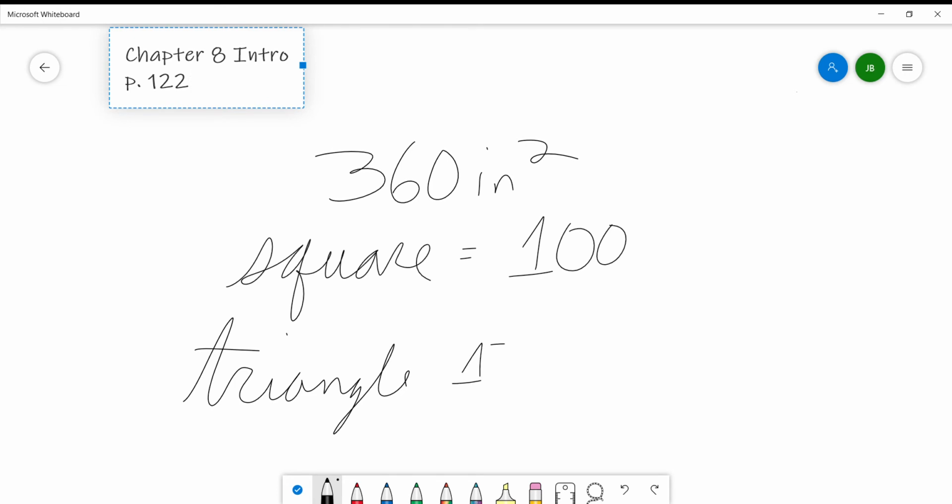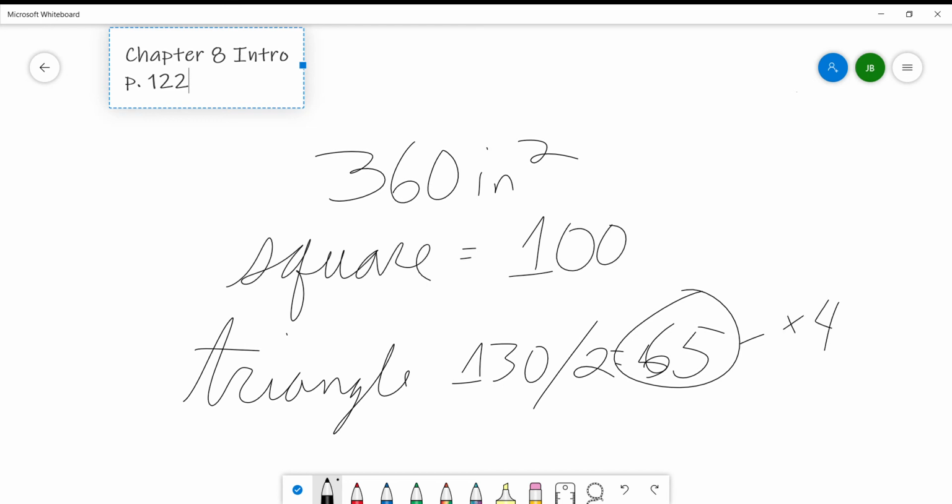So 130 divided by 2, because you take 1/2 the base times the height, not 12. So that would be 65. And we take that times 4 triangles. And that will get us to 360 square inches.